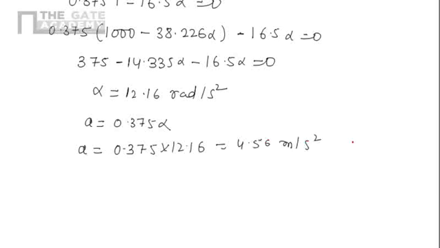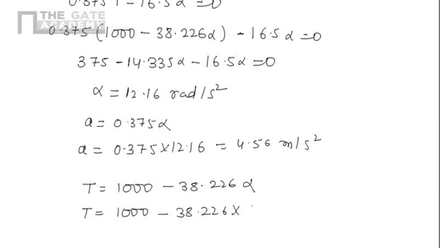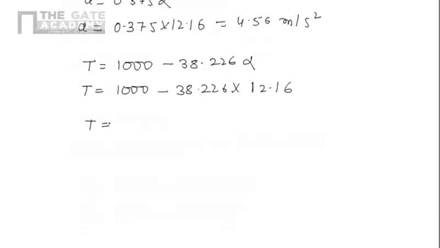Now put the value of alpha in the expression of T, that is T equals 1000 minus 38.226 alpha. I'm putting the value of alpha here, that is 1000 minus 38.226 into 12.16. So we can easily get the value of T.